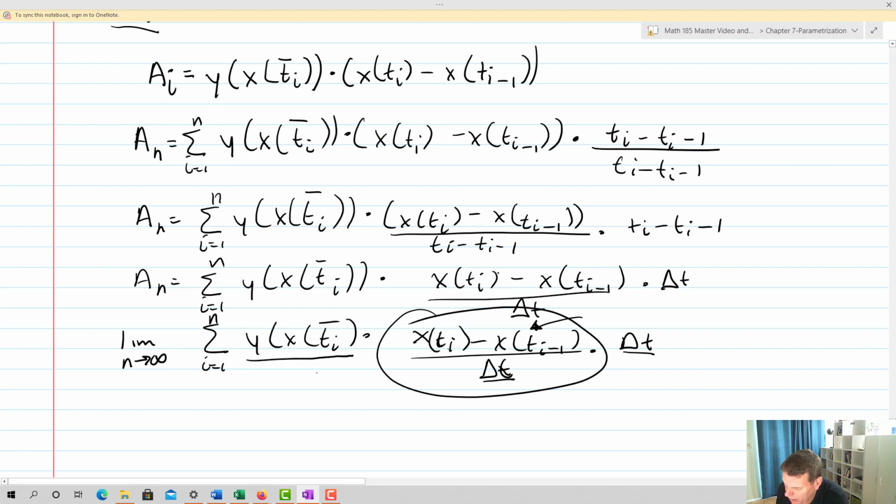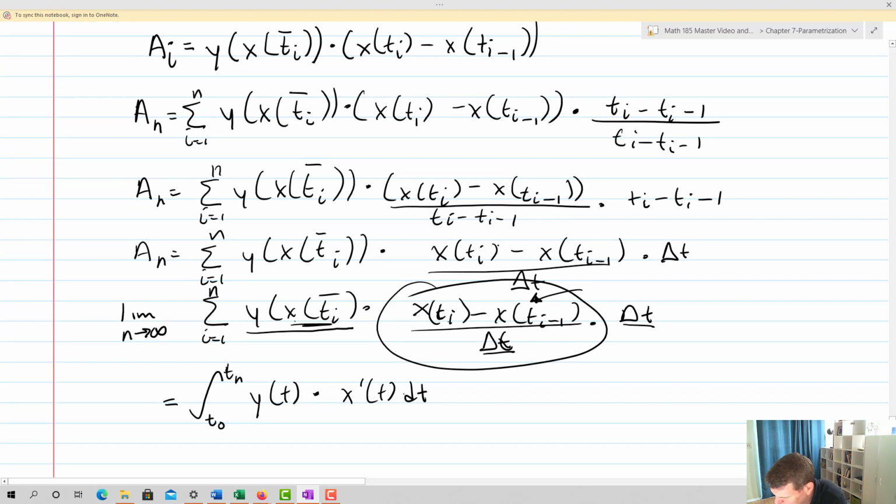And this thing right here, because each value x of t_i, these values of t, are evaluated at individual points, that's just going to end up being y of t. So this is going to be the integral from t naught to t_n, or a to b, whatever our values are, of y of t times x prime of t dt.